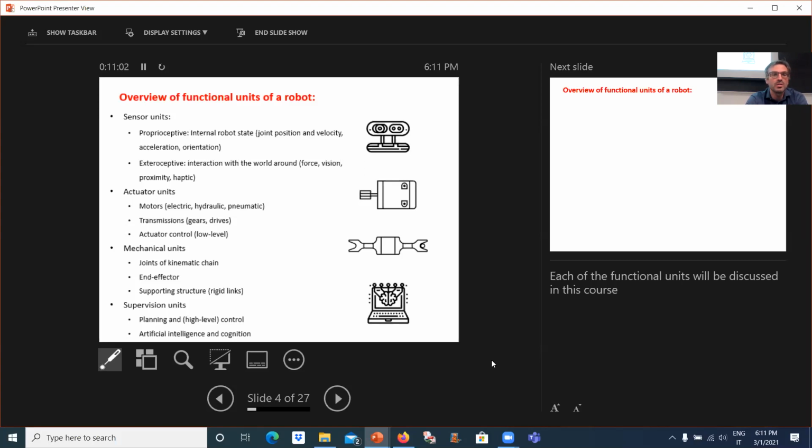Also in the supervisory unit, there is the concept of an even higher level of artificial intelligence and cognition that tells you, for example, in the exploration of a labyrinth, which paths you should go or explore according to a certain strategy.